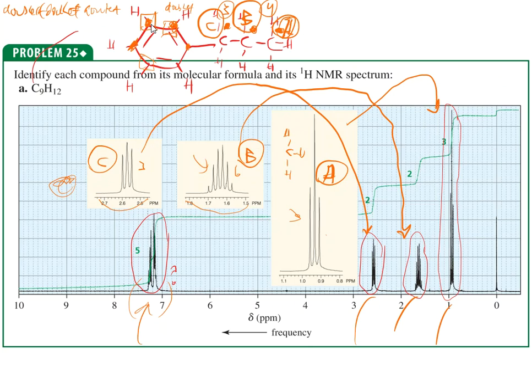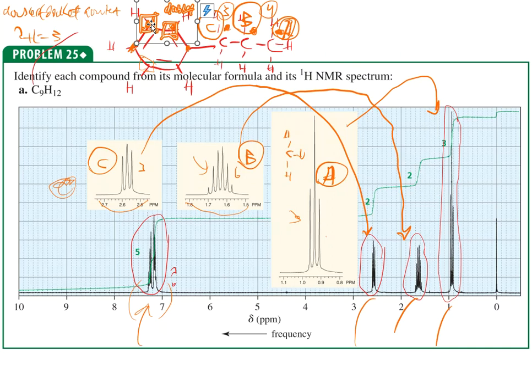So then I do the 2 plus 1, which would be 3, and that would give me a triplet here. So if I zoomed in on one of those signals a little closer, I would see a split of 3. But based on what I see here, I feel pretty good about the information that's provided and about the very first guess of structure that we did. It matches up pretty well.